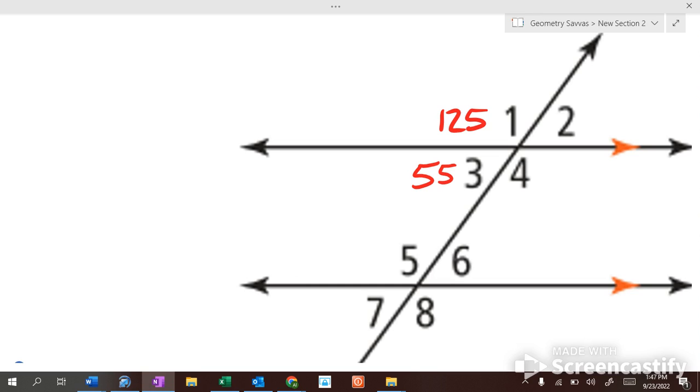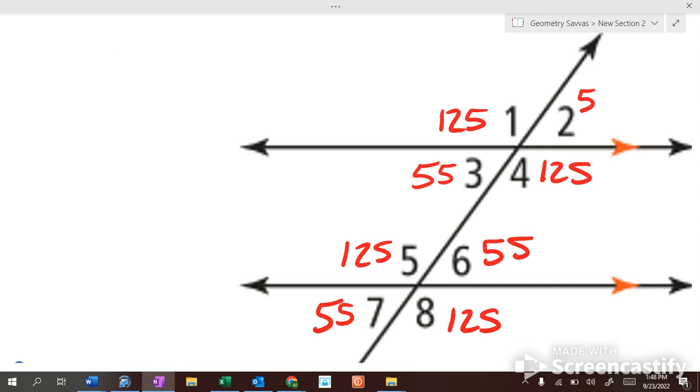Because every obtuse angle is going to be 125. Every acute angle is going to be 55. So what's angle 5? What's angle 7? What's angle 8? What's angle 6? What's angle 4? What's angle 2? See? And once you figure out that first one, it's cake after that.